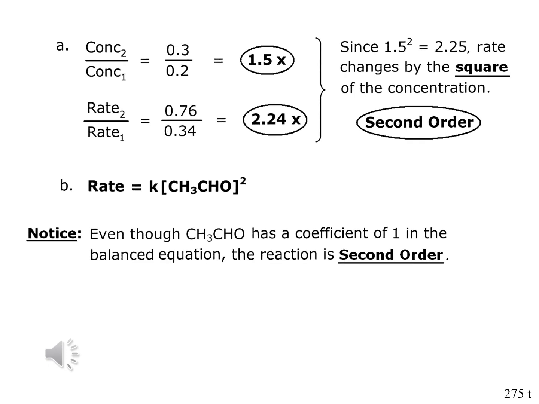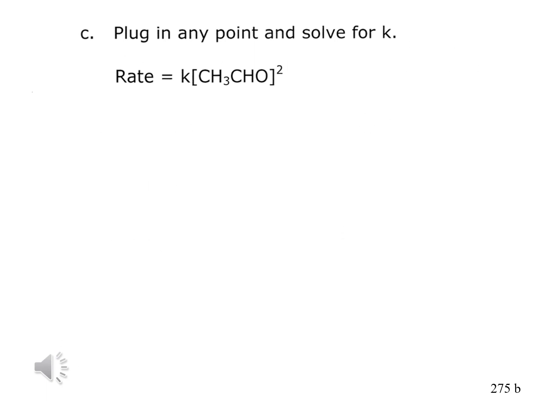And we said that just because acetaldehyde is balanced with a coefficient of 1, we can't say that the reaction is first order only from that, because we don't know the mechanism. We have to go by the data. In order to solve for K, all you have to do is plug in a point.